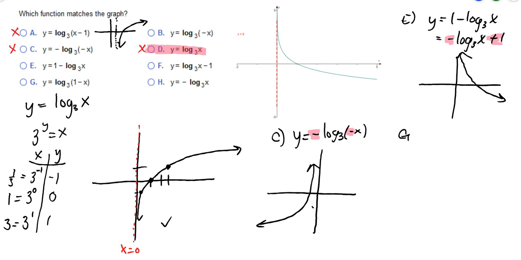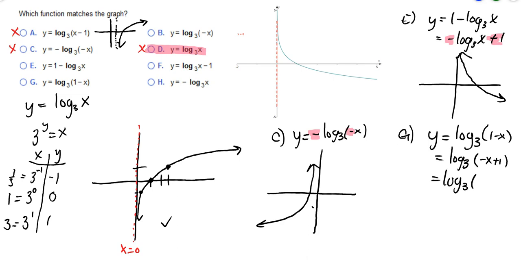Alright, let's look at G. So y equals log base 3 of 1 minus x. I'm going to do some rearranging. So log base 3, negative x plus 1, and that's log base 3 of negative times x minus 1. So that minus 1 shifts to the right, the negative reflects it.